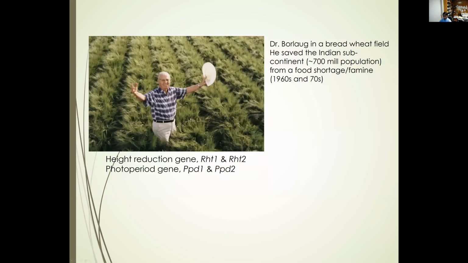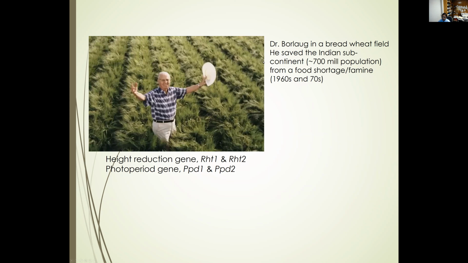Dr. Borlaug, as you all know, with his dedication and effort, produced that high-yielding variety. He saved the world from famine, in the 1960s and 70s, and that was great.